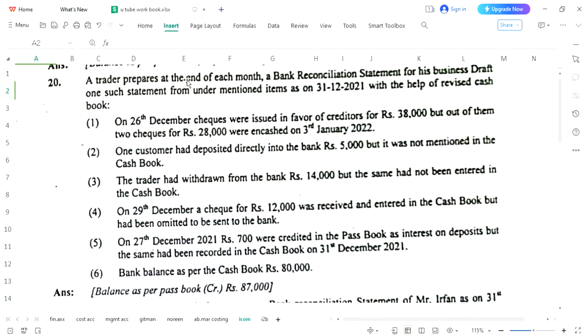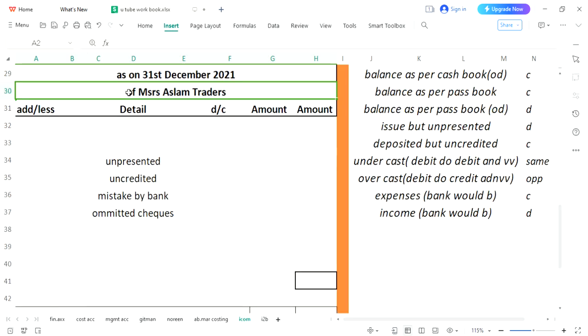Trader's name is perhaps not mentioned. Yes, a trader. It means we are going to write just our traders, or you may write ABC. It's acceptable.